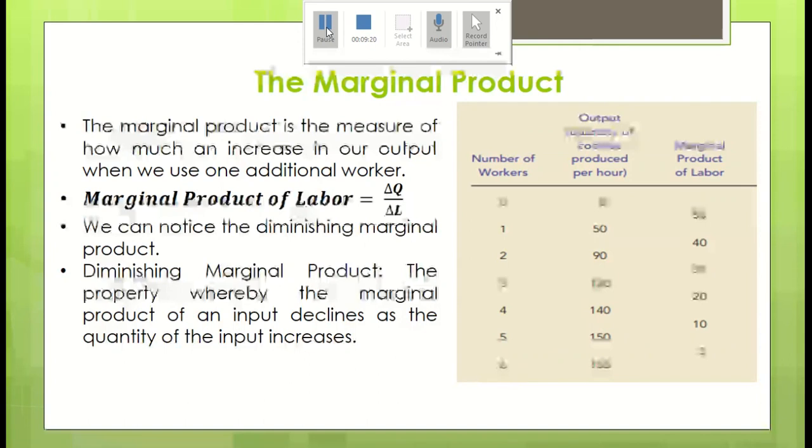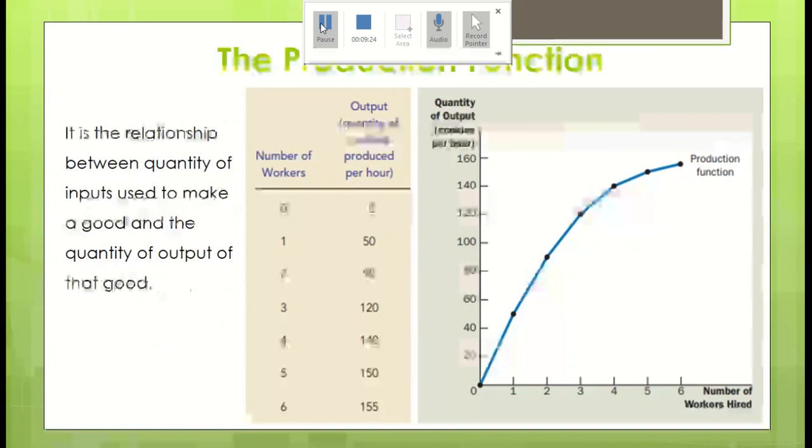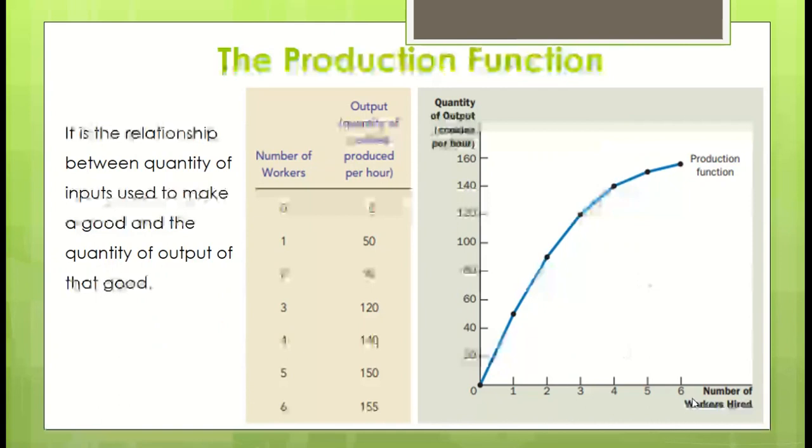Now going back to the production function graph. This is the same graph we did before, with number of workers on the x-axis and quantity produced on the y-axis. So MPL, that is marginal product of labor, is the slope from one worker to two workers.